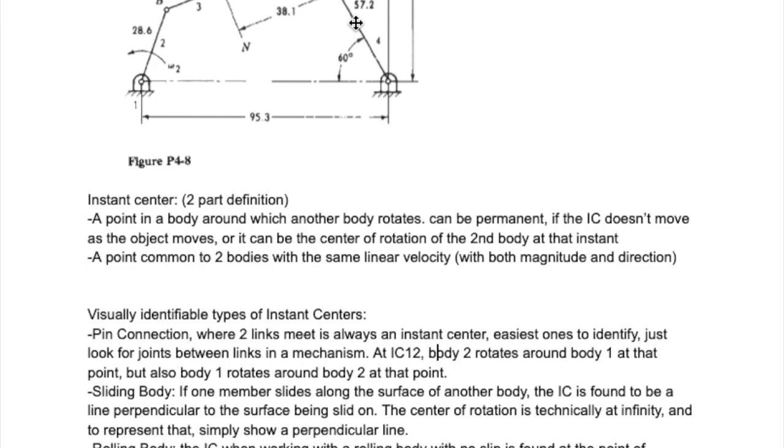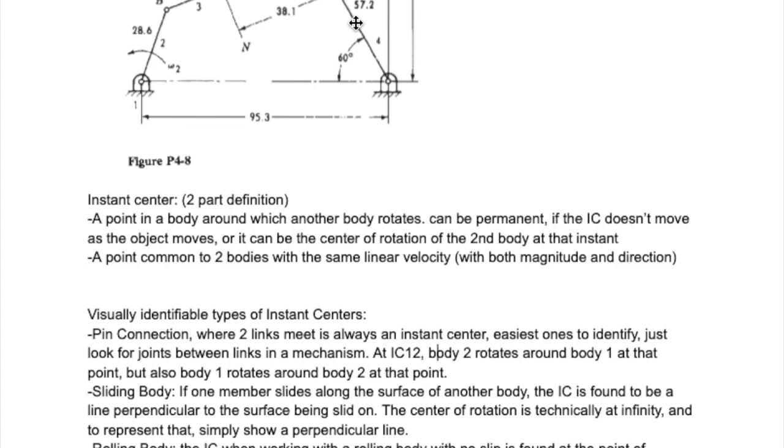You find the instant center. It's easy. It's a line that's perpendicular, not vertical. If the surface is slanted, it's slanted. But it's a line that's perpendicular to the surface which is being slid on. So in the example of the ground, it would be perpendicular to the ground.